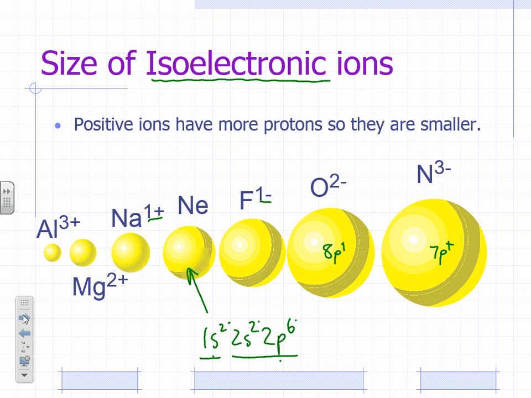It has 8 protons. 9 protons, 10, 11, 12, 13. So the trend in ionic radius here is clearly dependent on the nuclear charge. So isoelectronic ions, in order to make a judgment about the comparative size of the ion, you need to be looking at what's in the nucleus.